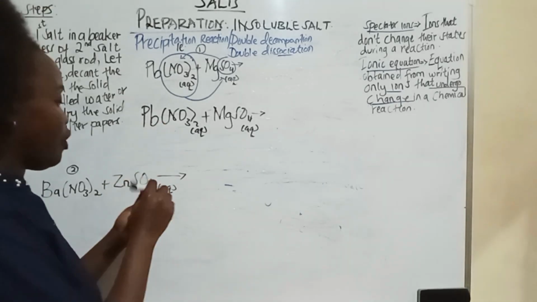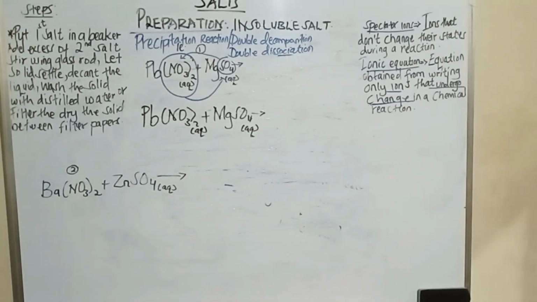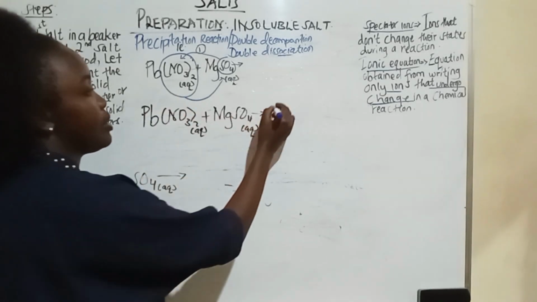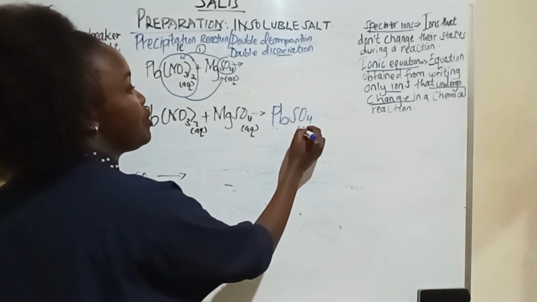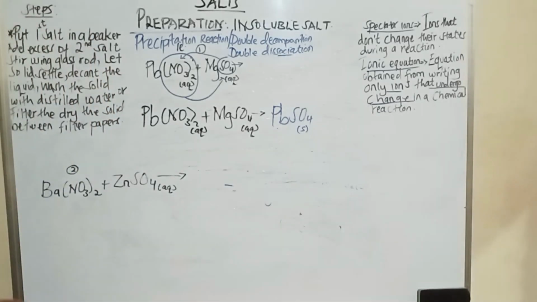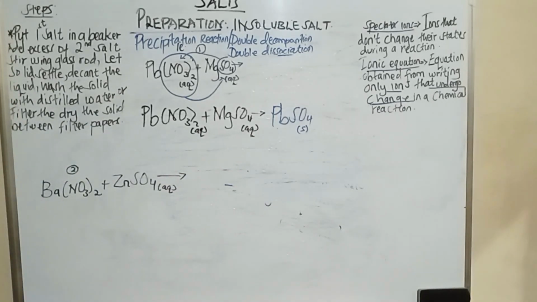So you're going to form lead (II) sulfate, and you're going to form magnesium nitrate. We said all sulfate salts are soluble except lead sulfate, barium sulfate, and calcium sulfate. That's why we're writing here solid, indicating that that is our insoluble salt that was formed.